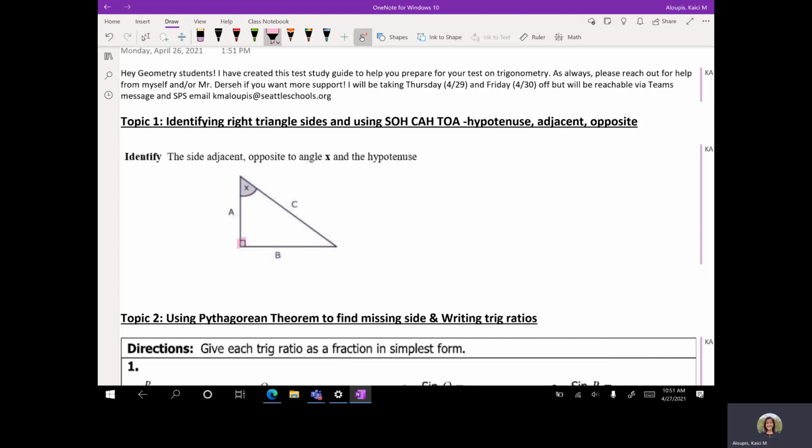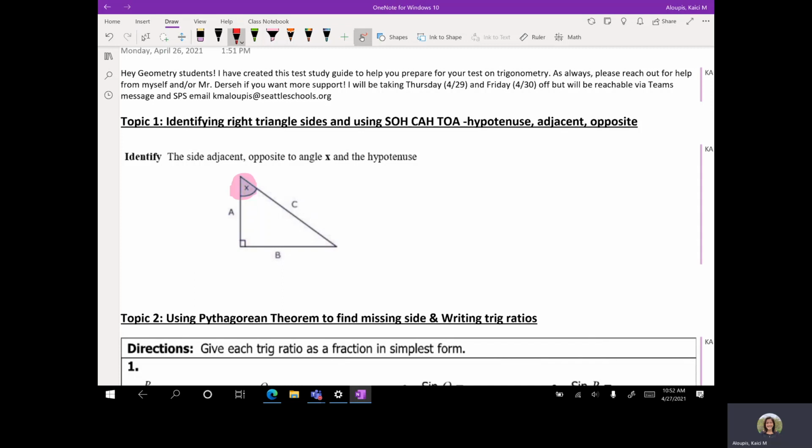Whenever we're talking about a side being adjacent, a side being opposite, or a side being the hypotenuse, we're always talking about it with respect to an angle. So right now, in number 1, our angle is the angle X. When we're standing at this angle, how do we find the side opposite?